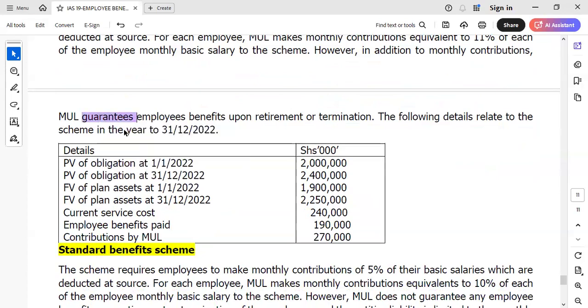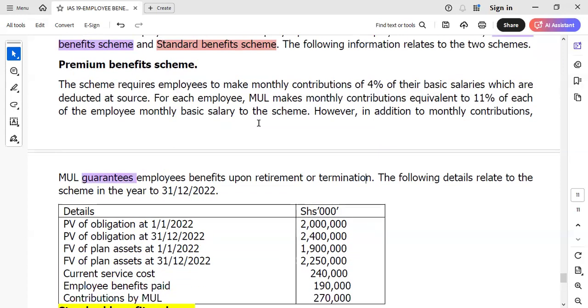MORU guarantees employees benefits upon retirement or termination. If this company terminates your contract, or maybe at the end of your contract, maybe it is the retirement age and you have decided to retire, MORU guarantees that you will be entitled to these benefits. So what comes into your mind, colleagues? Who has a risk here to run this scheme?